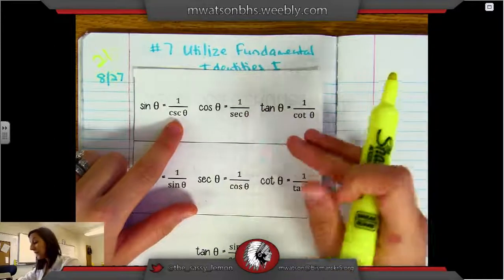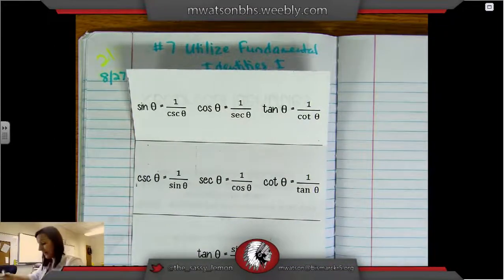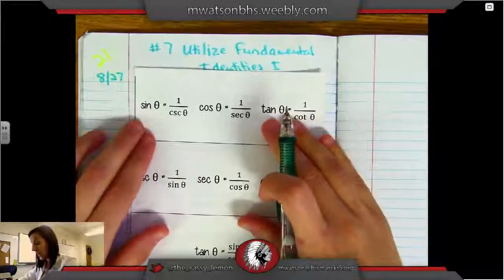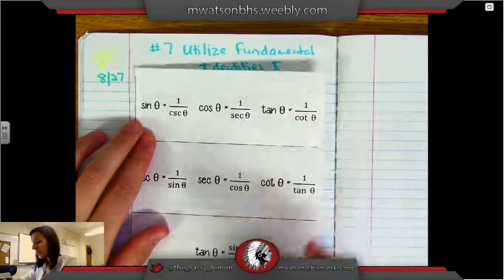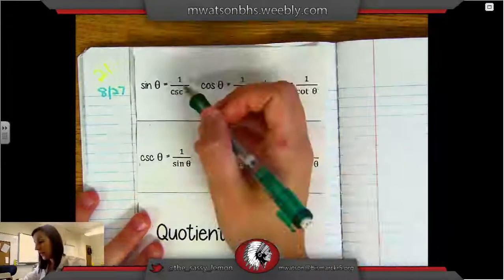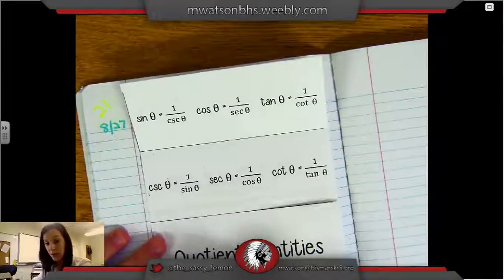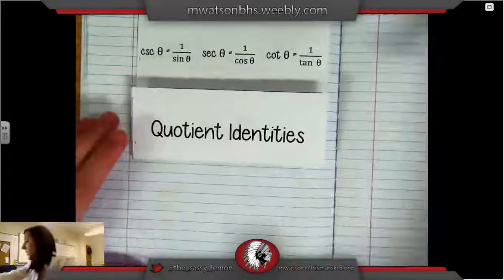Now, if we think about this, this really makes sense. We can write this down below in just a moment. Actually, let's go ahead. Let's do it now. So this first one is sine of theta equals 1 over cosecant of theta. So hopefully by now, I'm writing this down below.